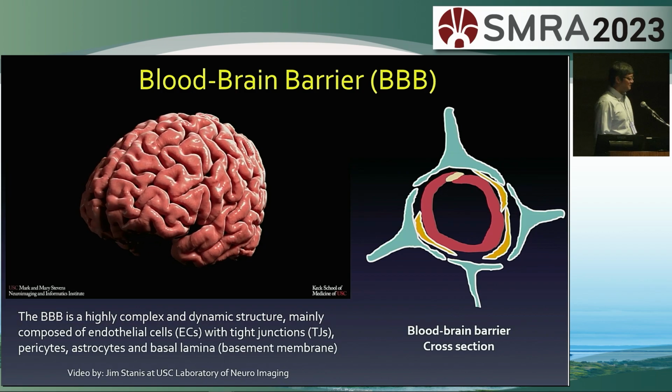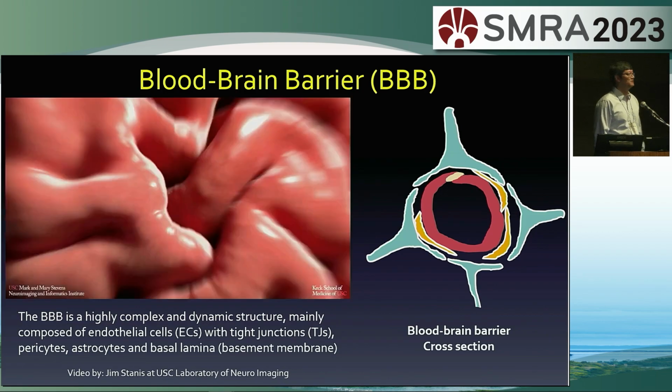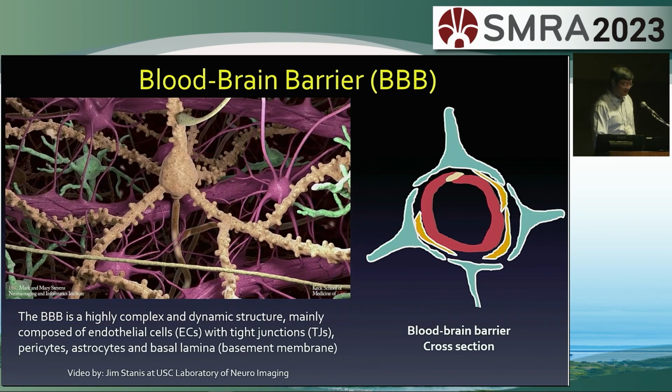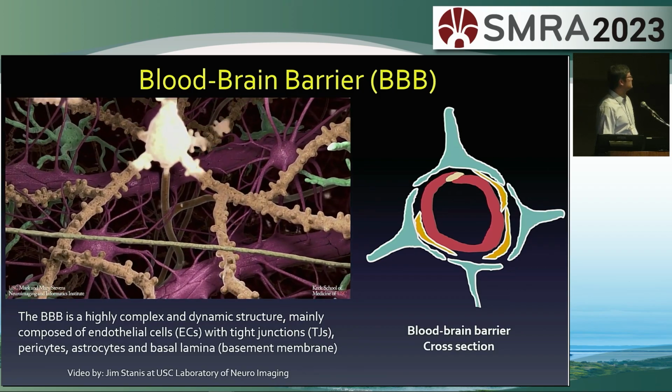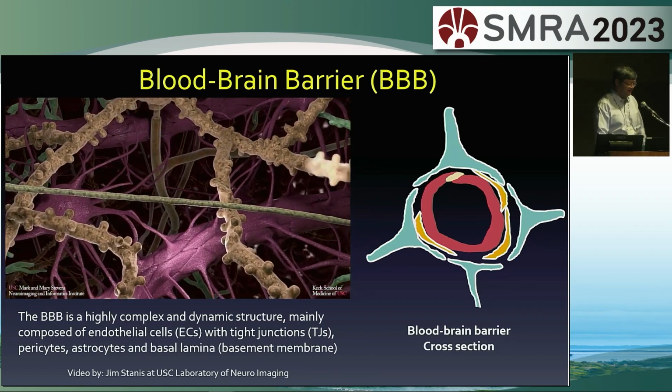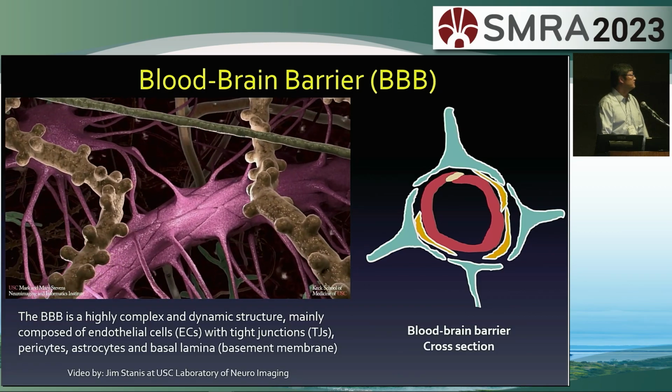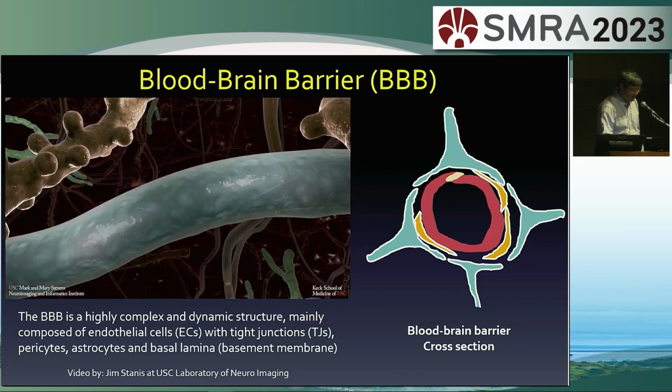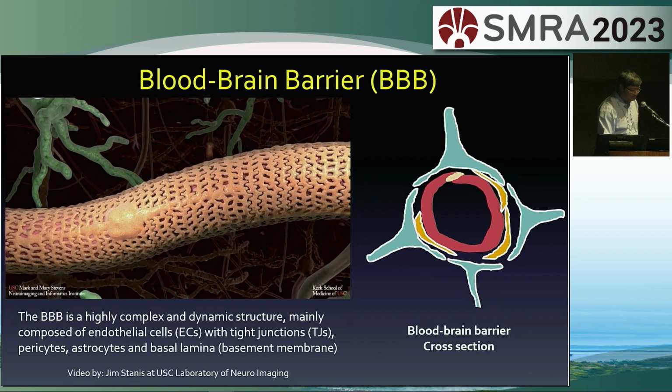I'm very lucky to have this video made by our graphic department, Jim Stanley. This just shows you a cartoon of the dynamic structure of the blood-brain barrier. It consists of many structures.